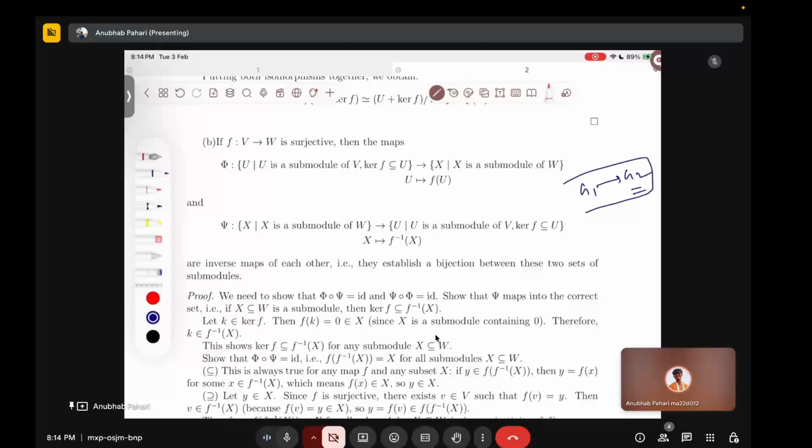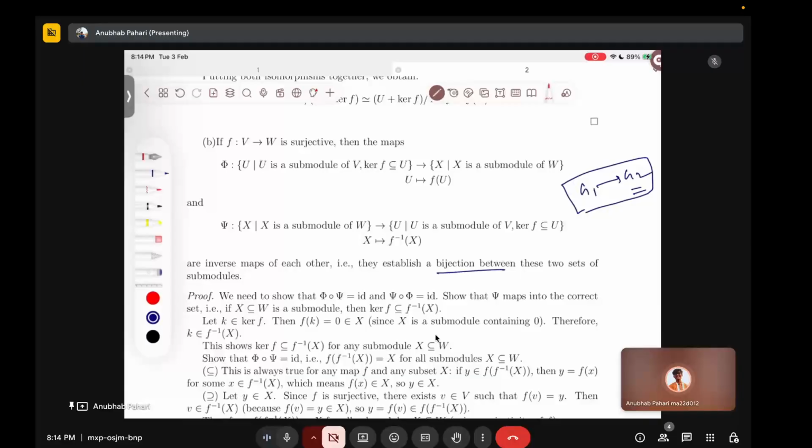We have seen this earlier, right? So this is the generalization of this. We will prove that they are inverse maps of each other. I mean, these are the morphisms which will make this a correspondence. So there will be a bijection between them.